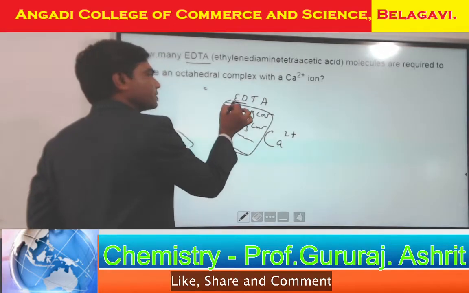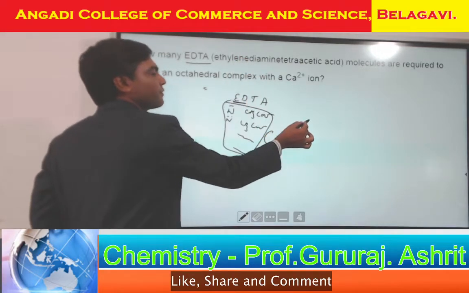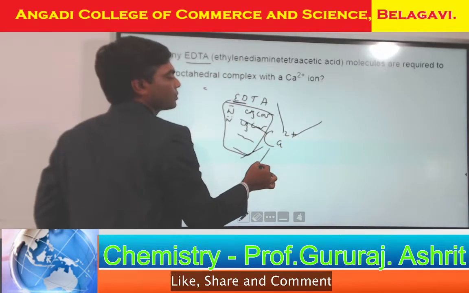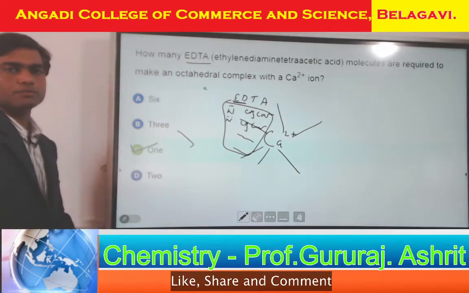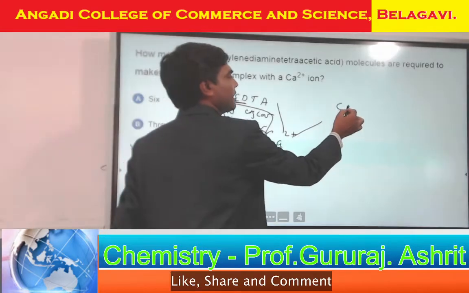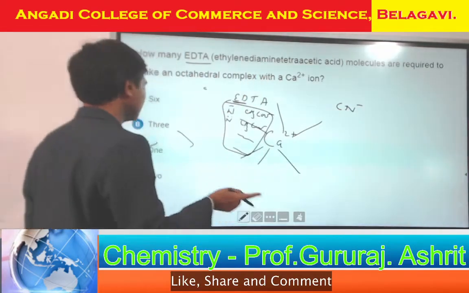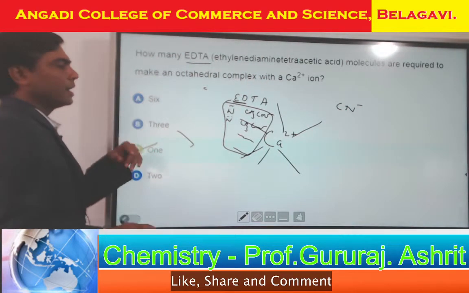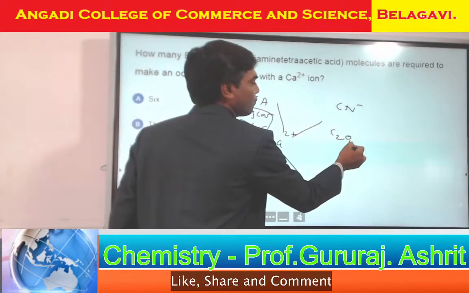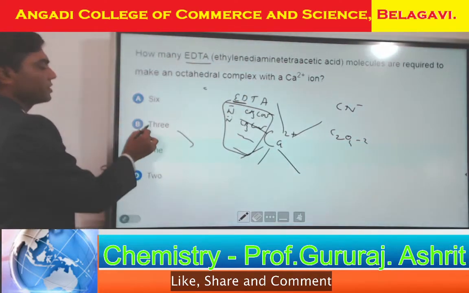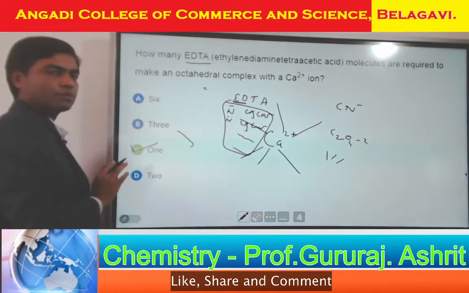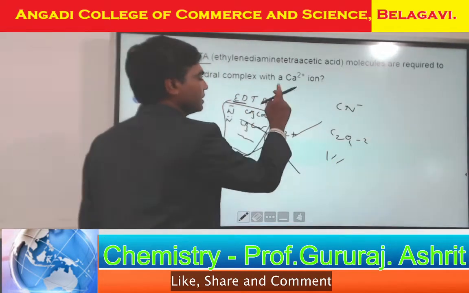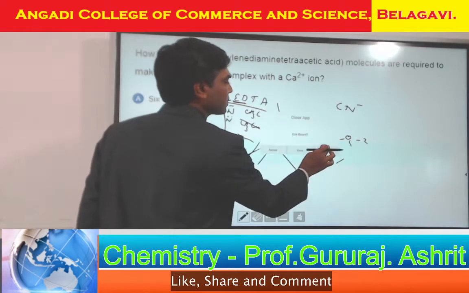Therefore, already 6 are present in this one, so sufficiently we can use only 1. Therefore, the answer for this question is 1. If it was cyanide, my answer would be 6. If I take C2O4 2 minus, my answer would be 3. If I take a tridentate ligand, my answer would be 2. Therefore, the answer is 1. Okay, next.